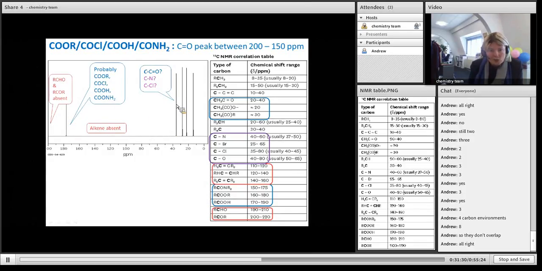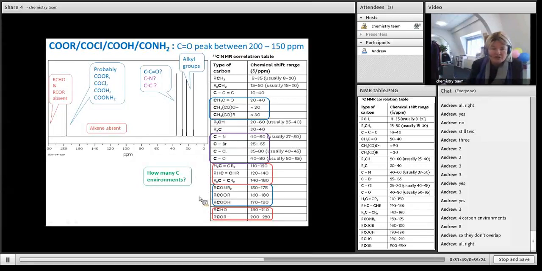But because we've got a carbonyl, we know we've got to have a carbon next to a carbonyl. And so that's what this outermost peak is, and then we've got the alkyls. You'll be differentiating the alkyls in a bit more detail when you're using all three spectra together. And I hope you can see there are 1, 2, 3, 4, 5 carbon environments.